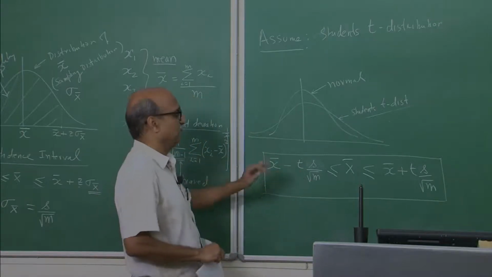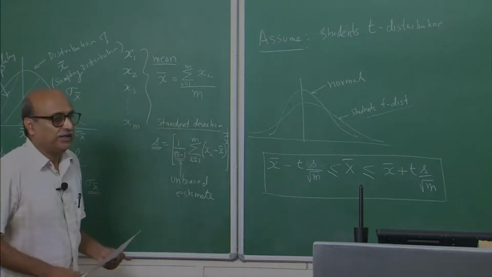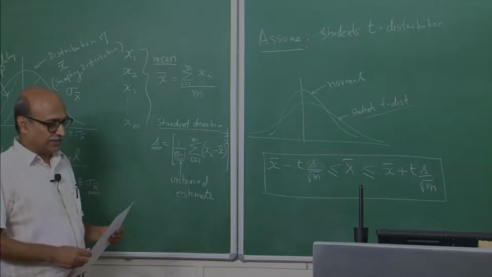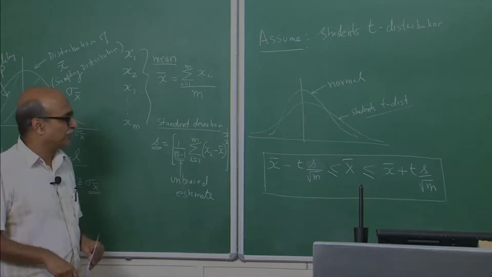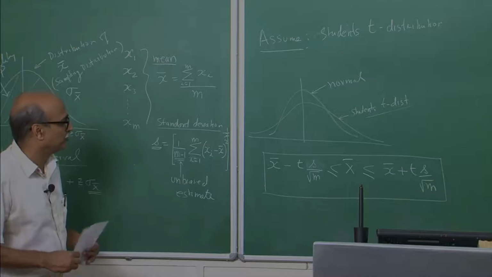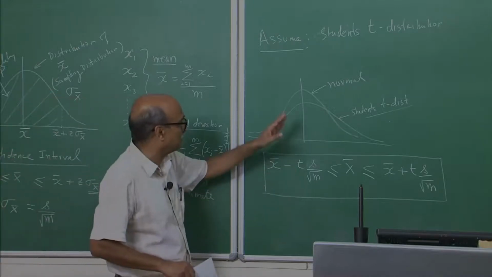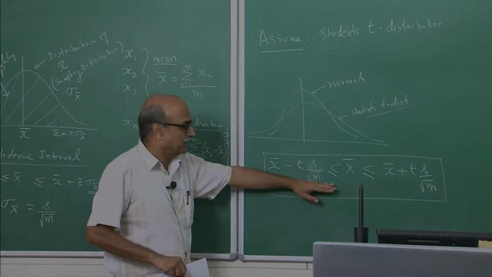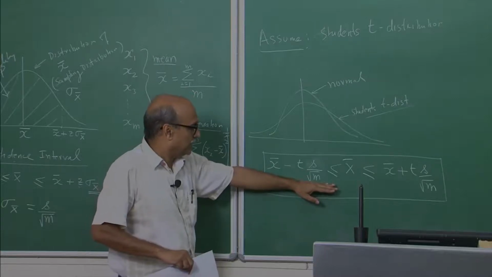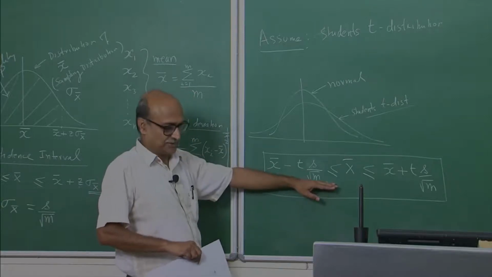How do I find the t values? Well, for the t distribution there are tables from which we can determine the t value, and the t distribution, as I have already said, varies with the number of values that I have measured.